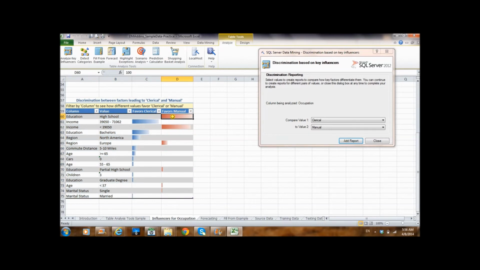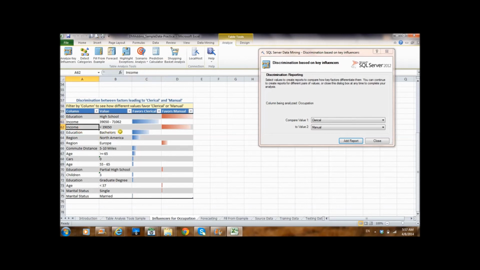As you can see over here, to find out whether a customer has a clerical or manual type of job, education of high school is the most likely factor to determine that the person is a manual type of person. And an income level of 39,000 to 71,000 most likely indicates that the person has a clerical job.